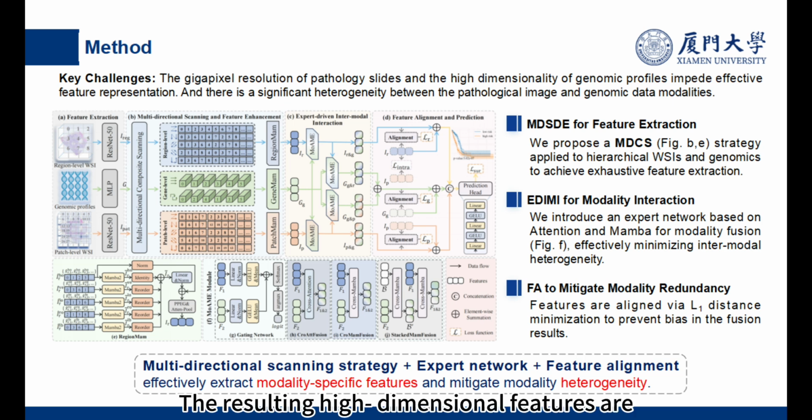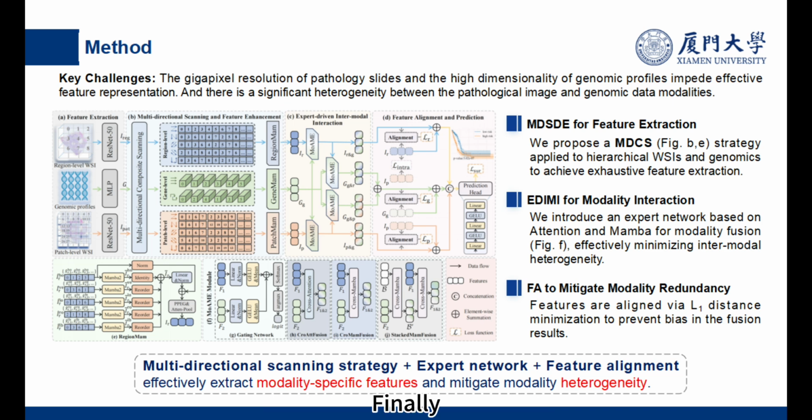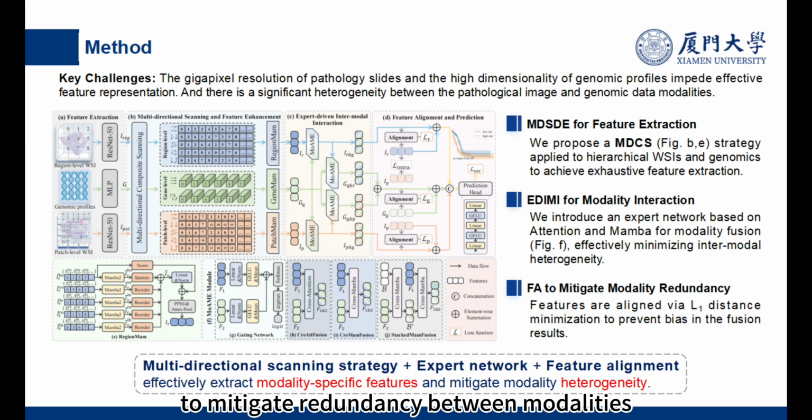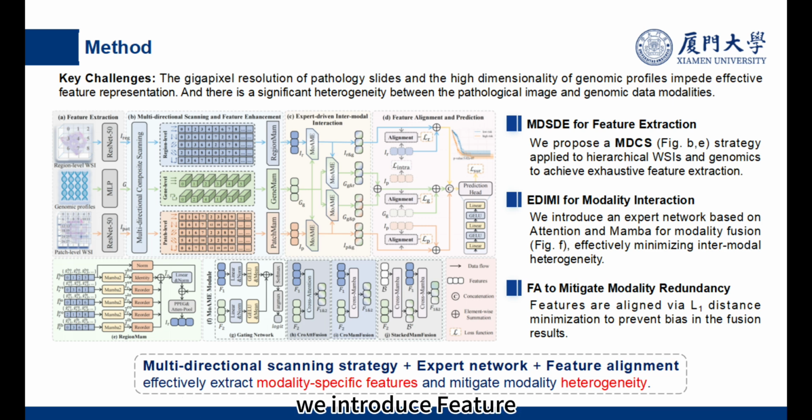The resulting high-dimensional features are then processed via expert-driven intermodal interaction for cross-modal fusion, as shown in Figure F. We introduce an expert network based on attention and MoAME for modality fusion, effectively minimizing intermodal heterogeneity. Finally, to mitigate redundancy between modalities, we introduce feature alignment and prediction.